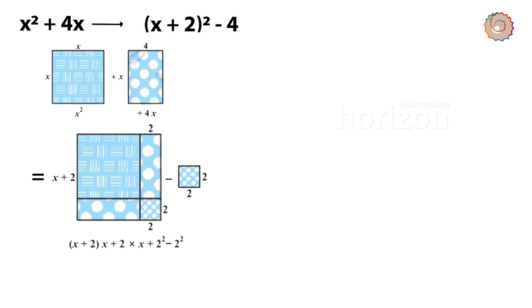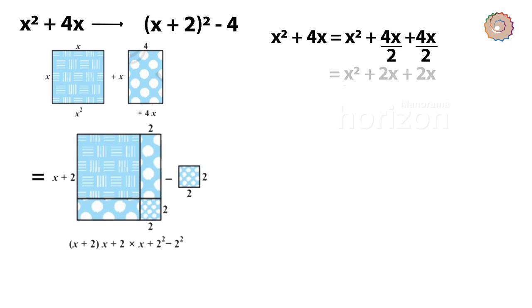Now divide this 4x into two halves, that is x square plus 4x equals x square plus 4x by 2 plus 4x by 2, which is x square plus 2x plus 2x.